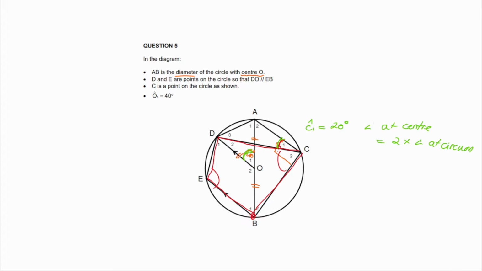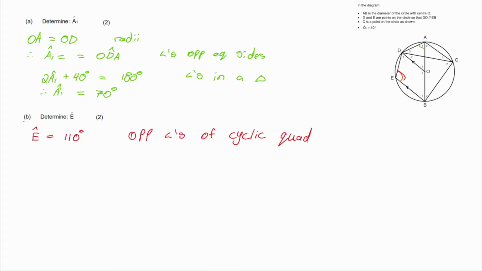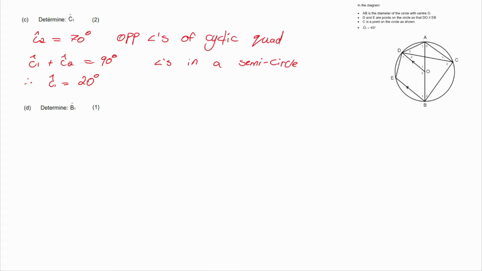Okay, you could have done that as well. Because we were working with cyclic quads and because we just determined E in the previous question, I'm going to use E to then find C2, which will then find me C1. Okay, but again, you could have seen that angle at center is equal to 2 times angle at circumference over there. Okay, now they say determine B1 for 1 mark.